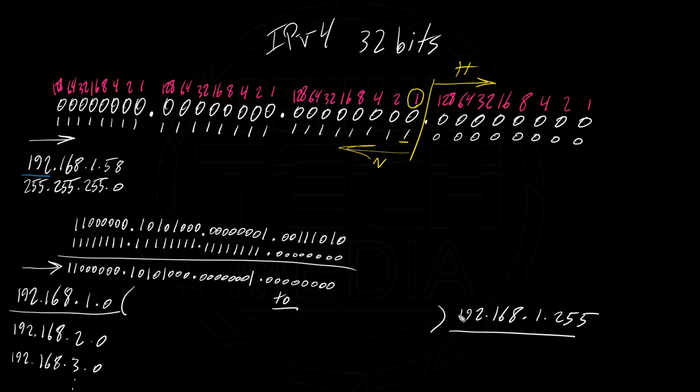We cannot assign them to an interface or, let's say, a computer or network printer. That's why we will do minus 2. We will talk about the formula later, but let's go ahead and talk about the available range for this network. 192.168.1.1, that's the first available IP address.